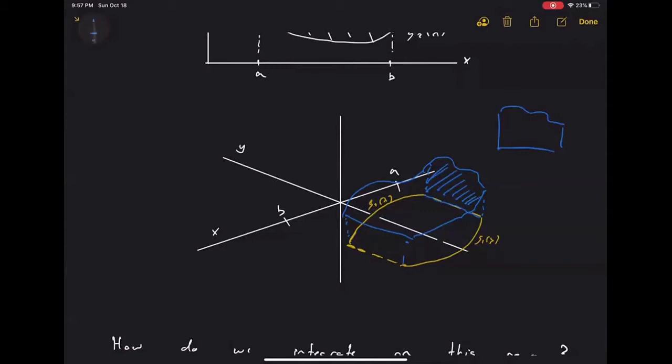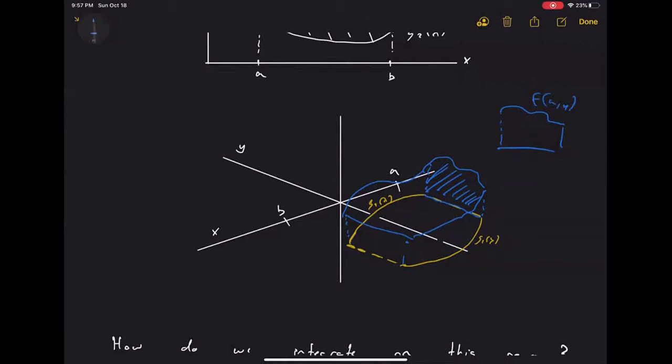Let's see, my upper part of this would be what? It would be my function f(x, y), but where my x value is what? If I'm talking about the very end here, my x value is always a.